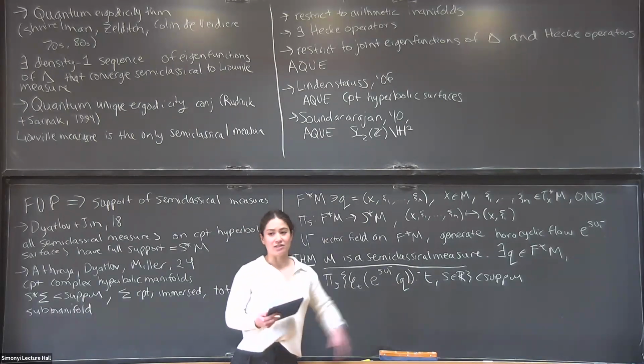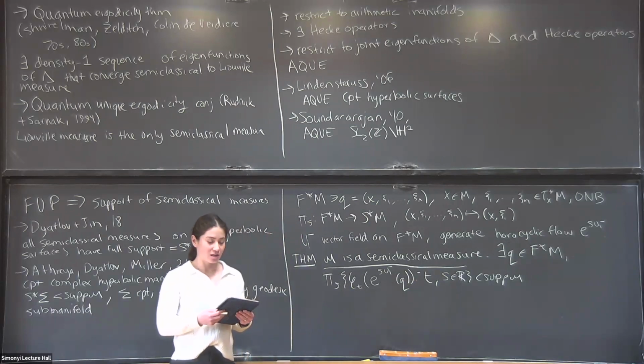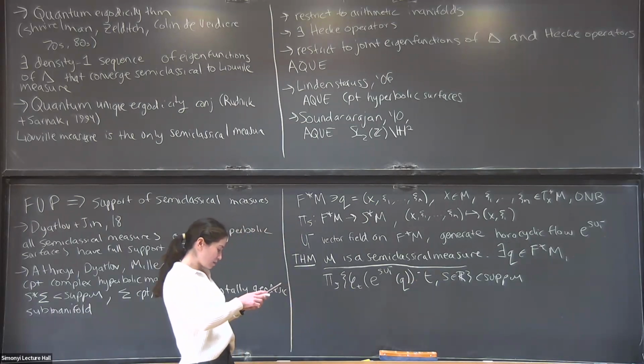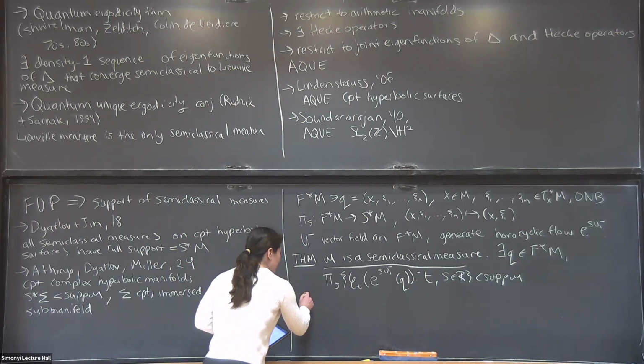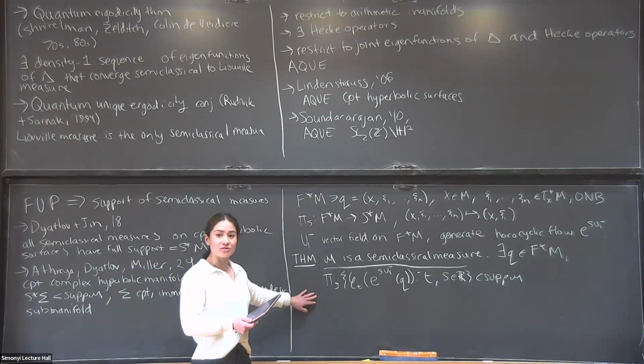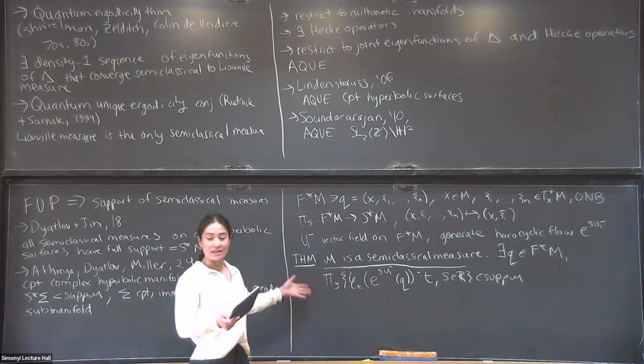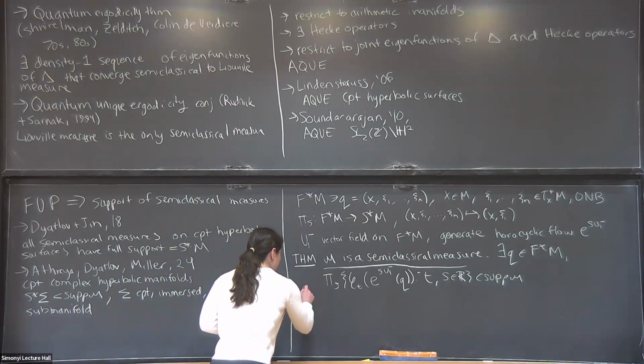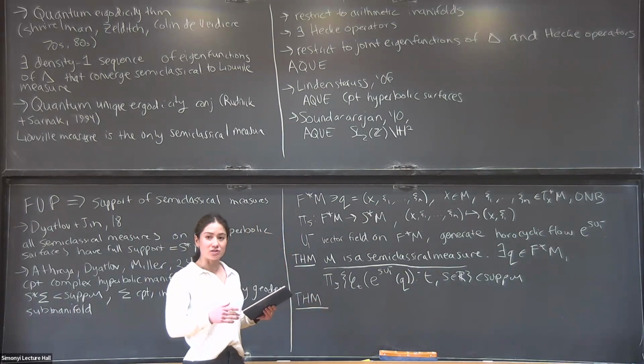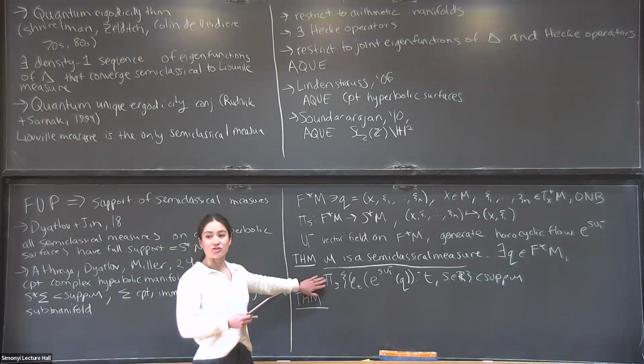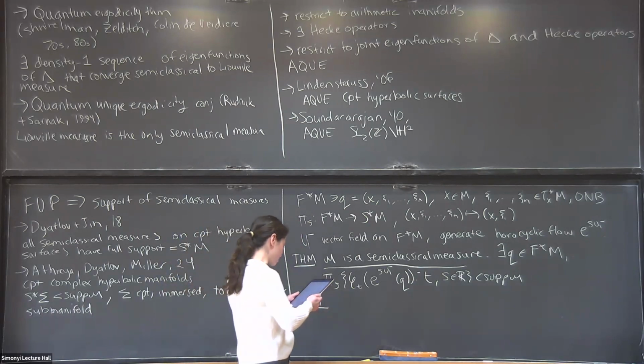And this is contained in the support of the semiclassical measure. This is the result that you get by using the fractal uncertainty principle, which I'll explain later. But through the work of my collaborator, Nick Miller, he was able to use Ratner theory to further characterize this set.